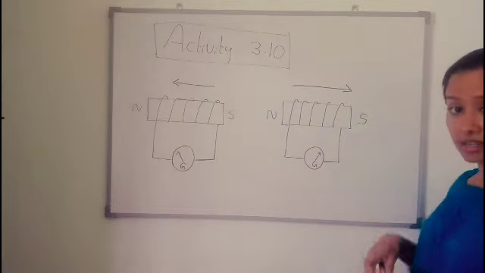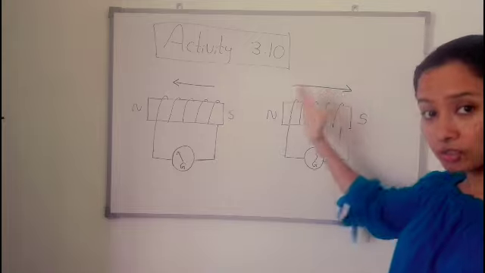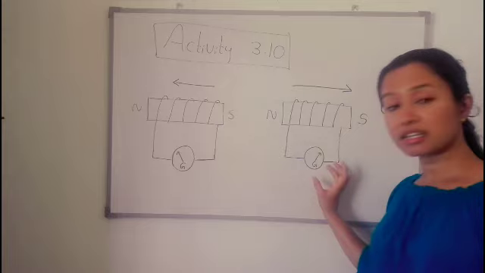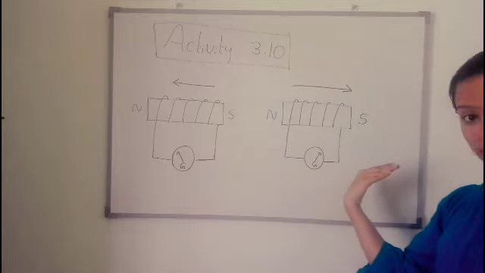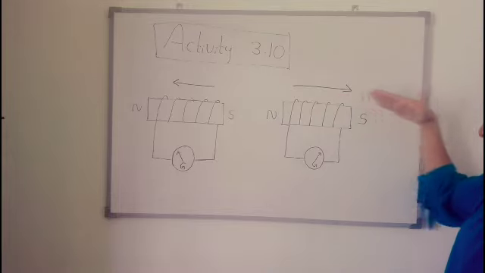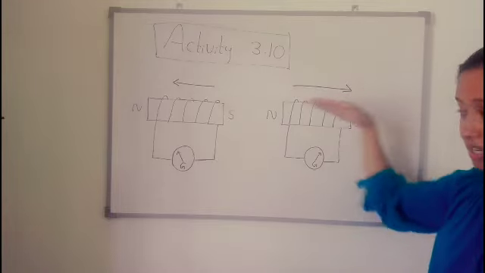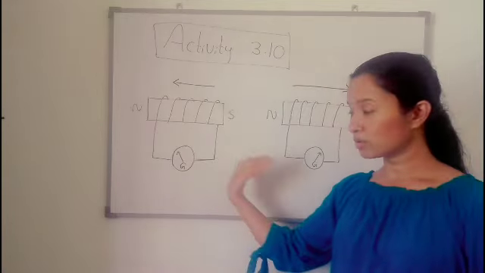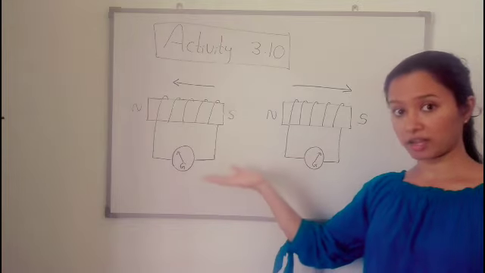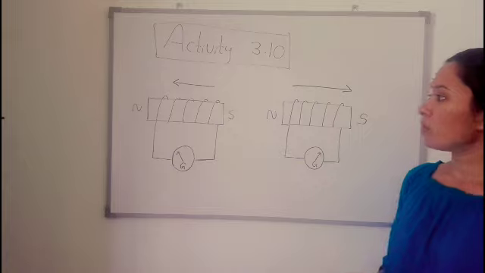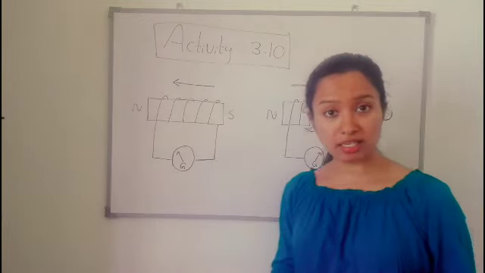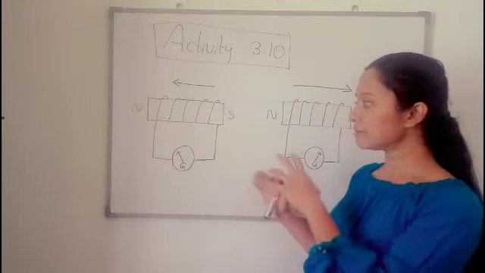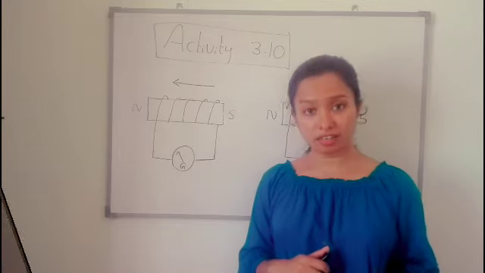Then we move the bar magnet to the right side, and we observe the indicator of the galvanometer also moves. When we move left and right, the indicator goes left, then right, left, right. This is what happens in the dynamo. Simply, we can get an idea of what is happening in the dynamo.